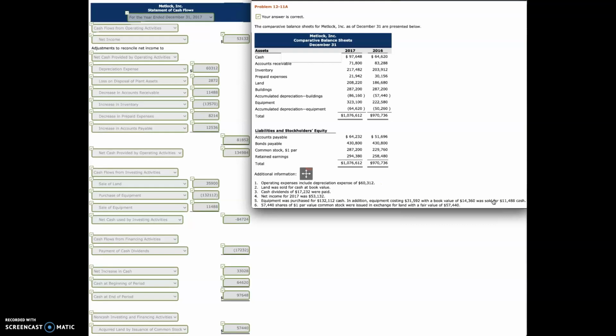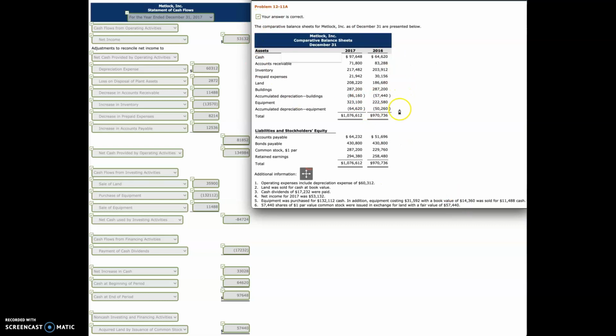Then you do a decrease in accounts receivable, which is the last number found in number 5. This number right there. And then you do increase in inventory, which you do by subtracting the 2 inventory numbers in the balance sheet.